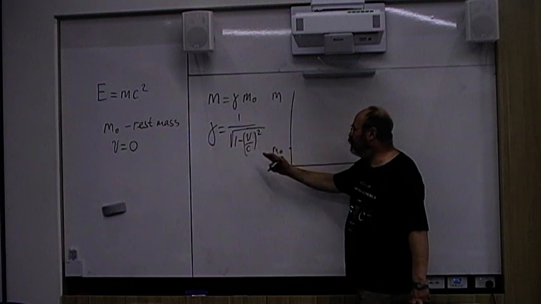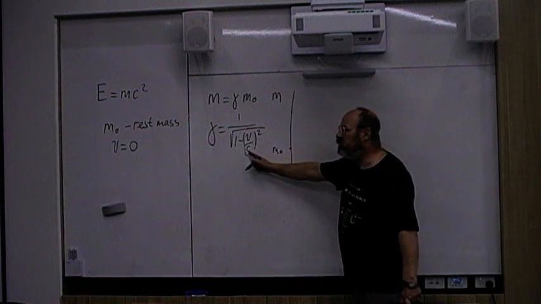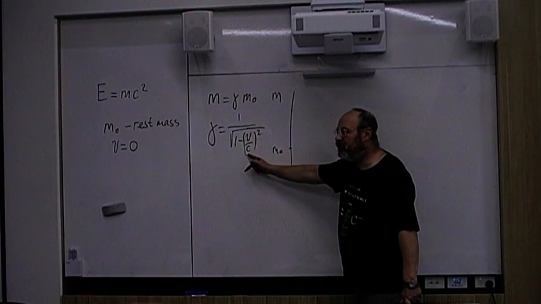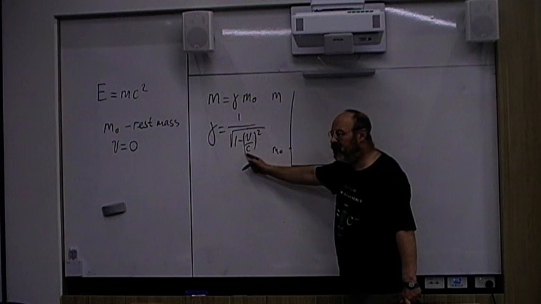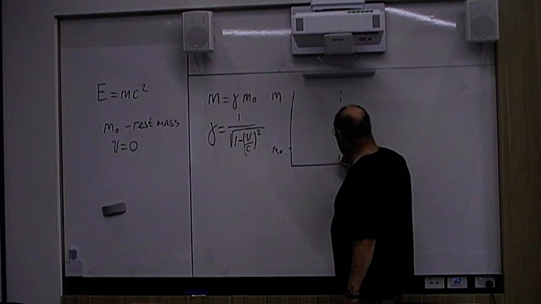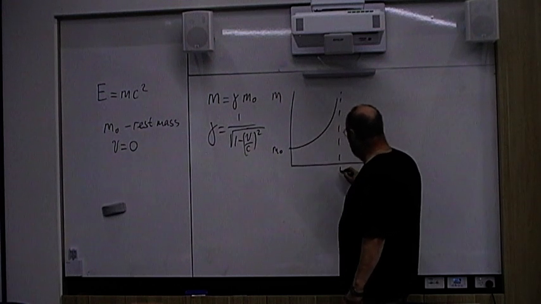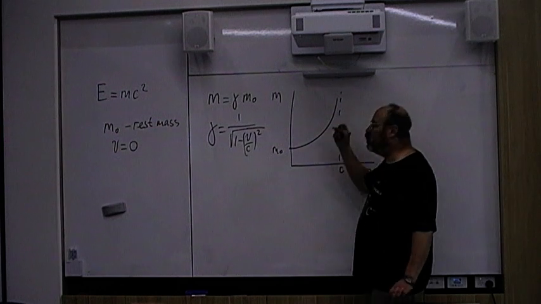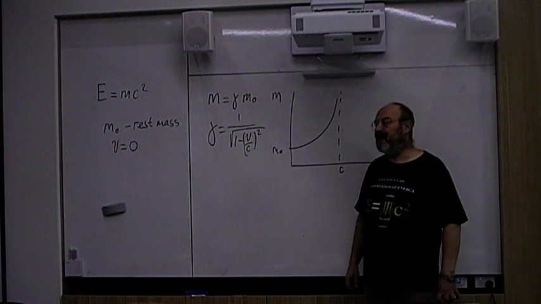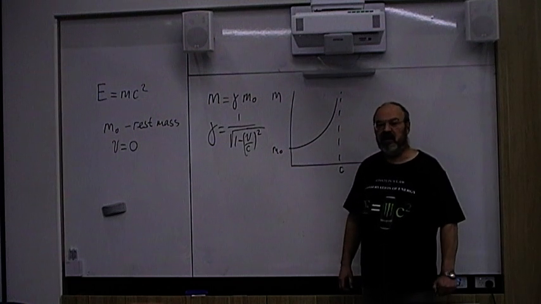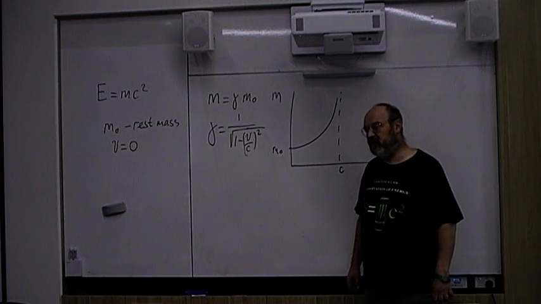When we approach c, we will have a vertical asymptote, exactly like the graph of gamma, where this is c. So when the speed of an object which has mass approaches the speed of light, the mass approaches infinity.